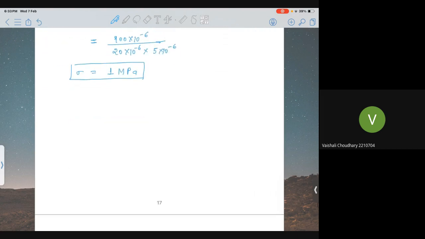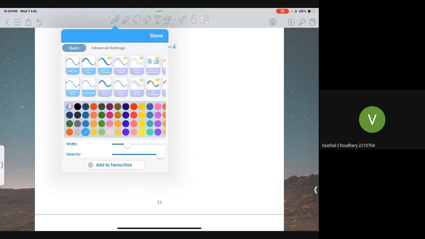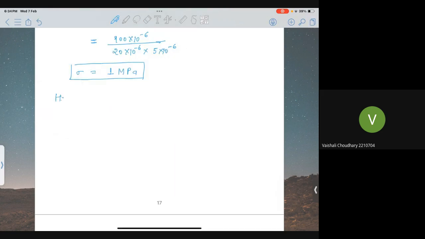We know Hooke's law. Using Hooke's law, stress is directly proportional to the strain, or sigma is Young's modulus times strain, and the strain is stress upon Young's modulus of elasticity.